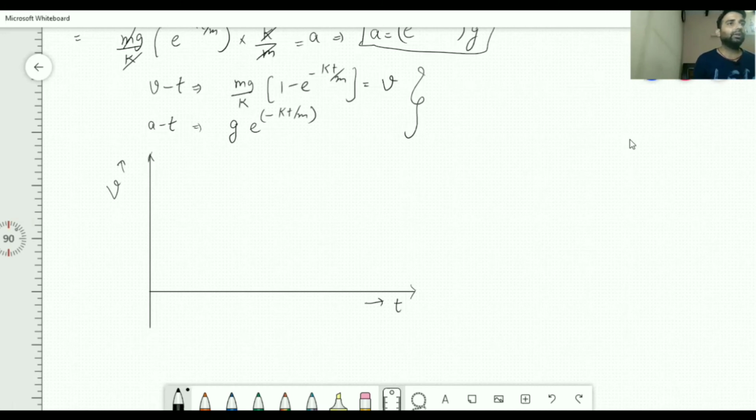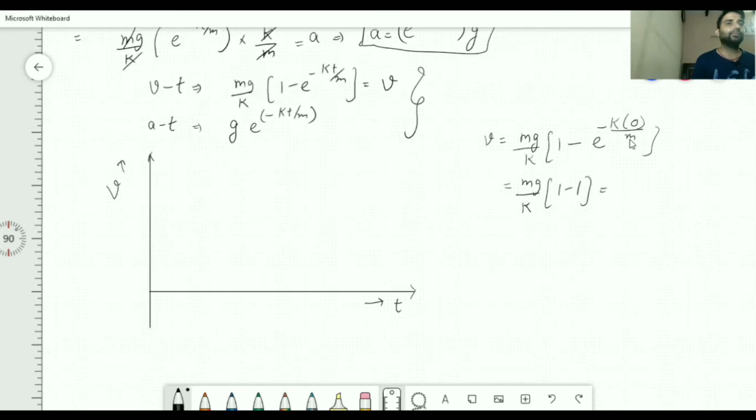So initially, when the time t is 0, the equation is v is equal to mg divided by k, 1 minus e to the power minus kt by m. Now time is 0. If we put it 0, then this whole will become 0. Something to the power 0 will become 1. So mg by k, 1 minus 1 is 0. Hence at t equal to 0, velocity is also 0. So the starting point will be this, right?